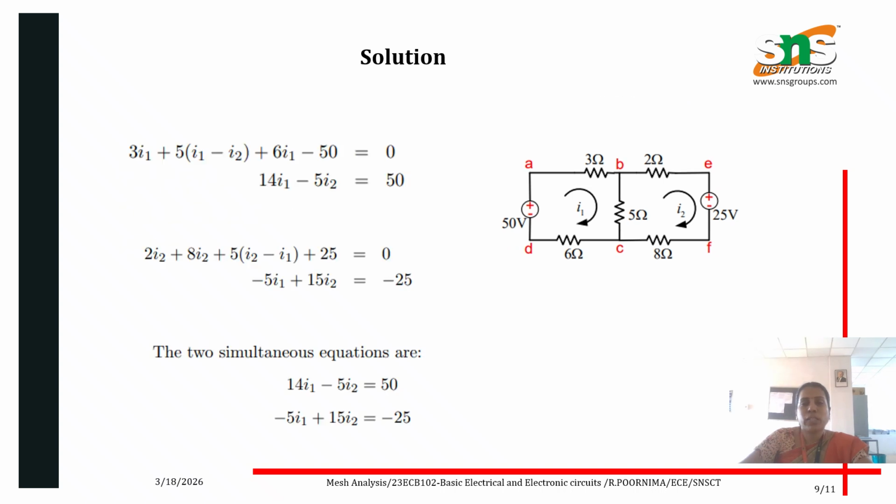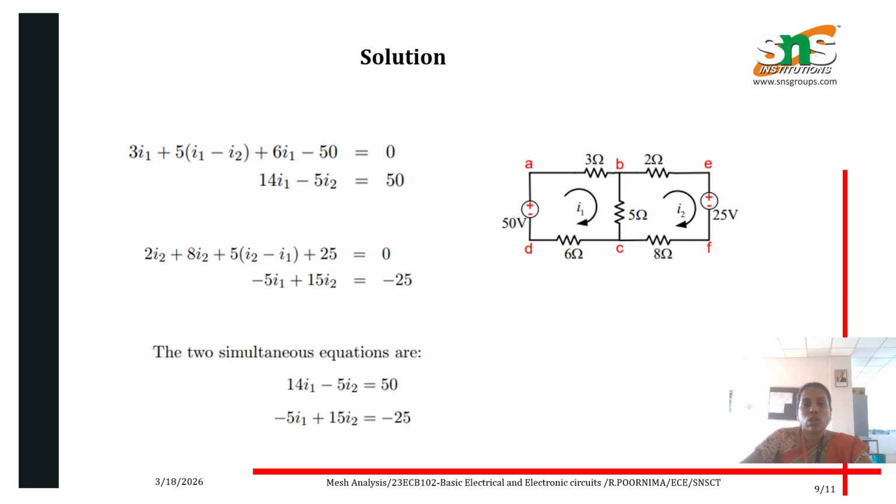We apply the KVL equation for loop 1 and loop 2. For loop 1 we obtained 14I1 minus 5I2 equals 50, and for loop 2 we obtained minus 5I1 plus 15I2 equals minus 25. These are the two simultaneous equations for the loops.